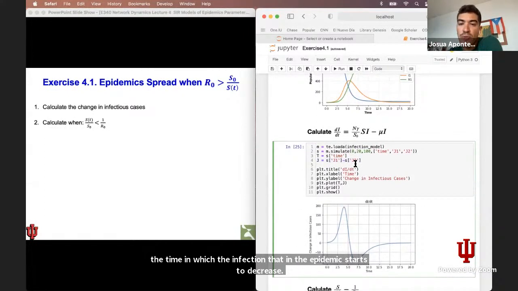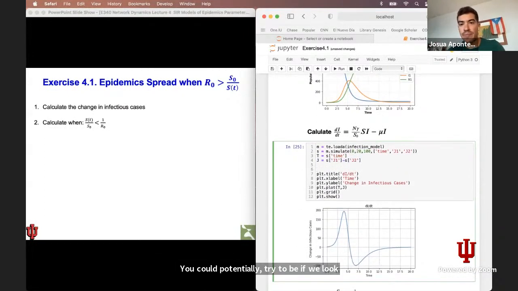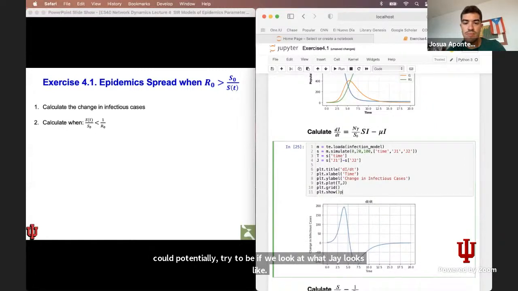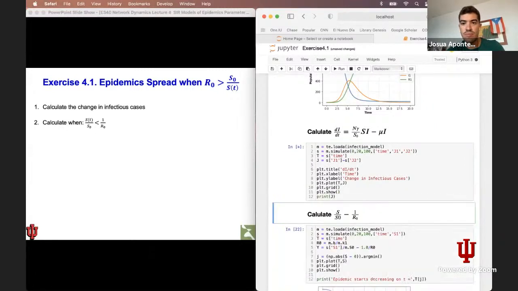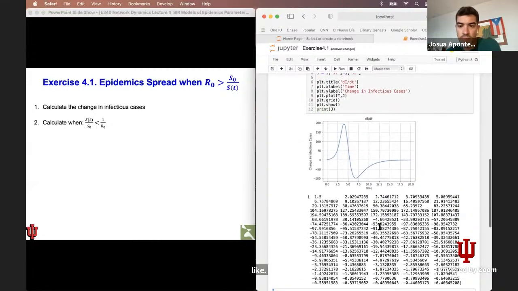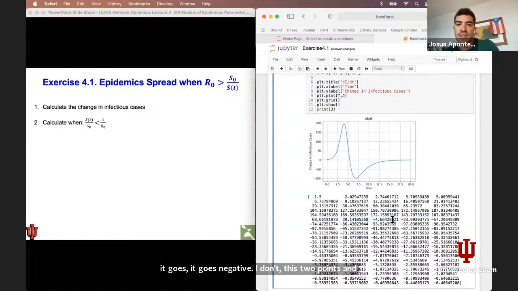We could potentially try to, if we look at what J looks like, it goes negative around these 2 points, and we could potentially find the index of this value to get an idea of the specific time at which the infection starts decreasing.